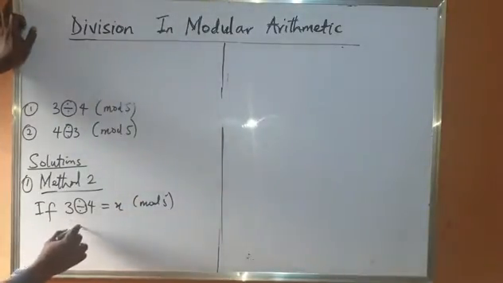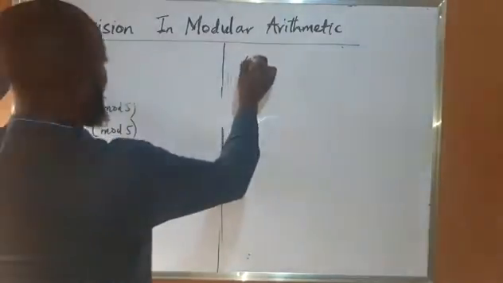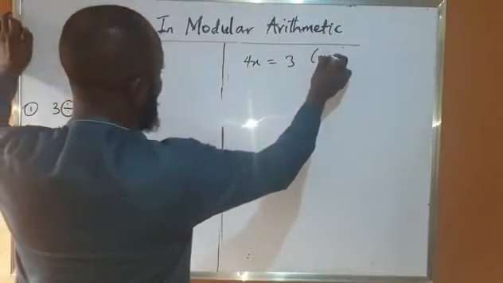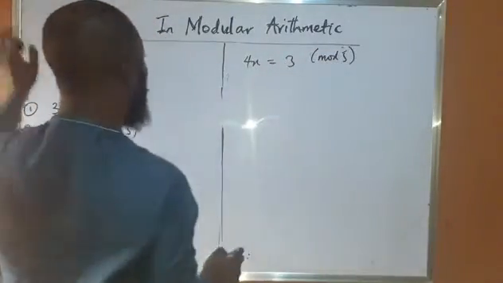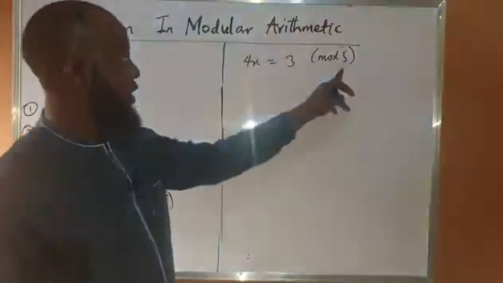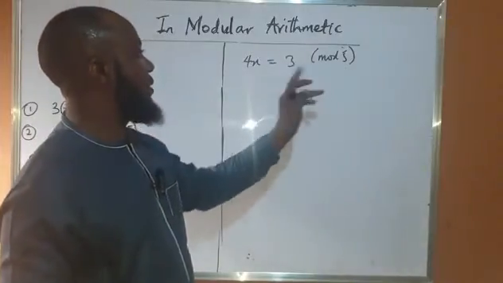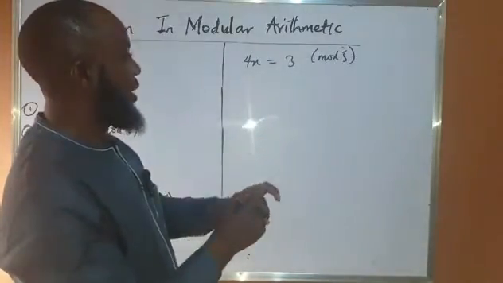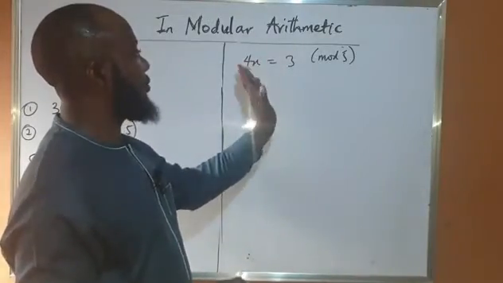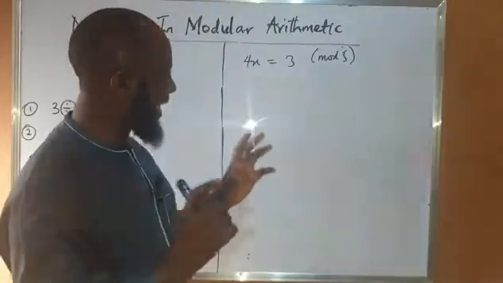So this will give us 3 over 4 equals x. Therefore, 4x equals 3 in mod 5. We are working in mod 5, so we look for the multiples of 5 that we can add to both sides, such that when we perform the operation, we get an integer.